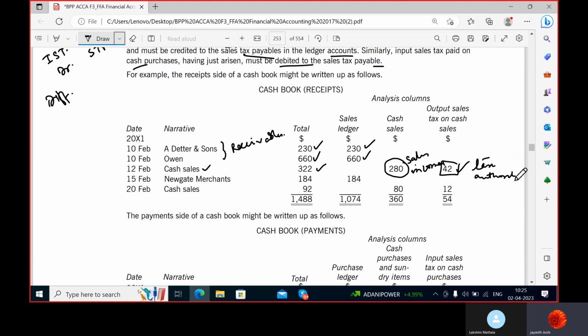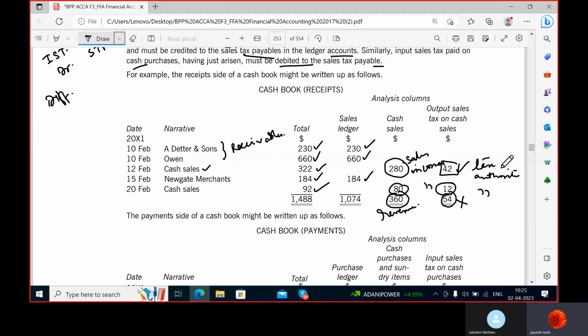That's not our income. Then again you get merchant 184, so this will be shown in the sales ledger only. And again there's a cash sale of 92, out of which 80 is income and 12 we have collected on behalf of tax authorities. So 54 is to be shown separately apart from 360, because 360 is our revenue, or we can say our income, but 54 is not our income.